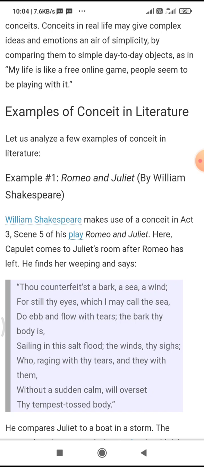The character Juliet has been compared with a boat in a storm. So, this is all about conceits.